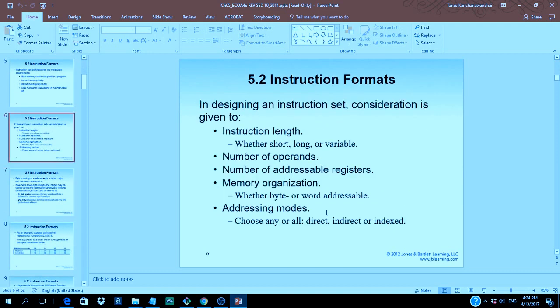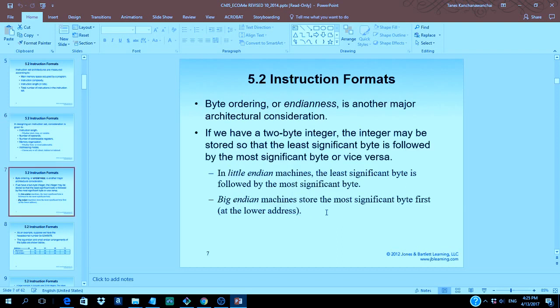So we have Load I, that's like indirect. Add I. Add is like direct. Load direct. And then you can do indexed, just go to that location directly. Also, byte ordering or endianness.